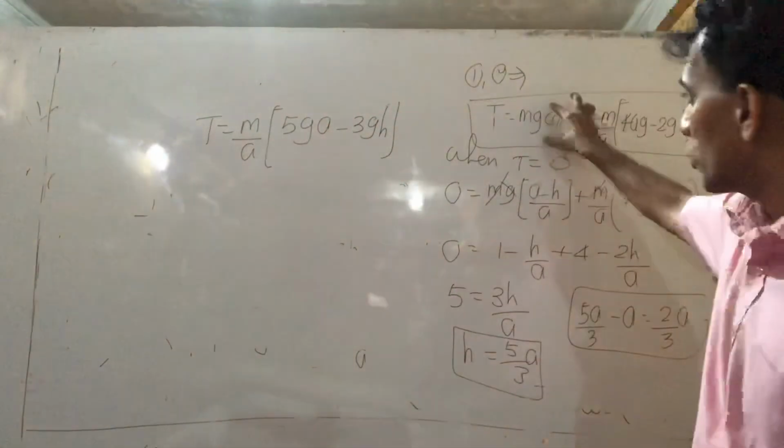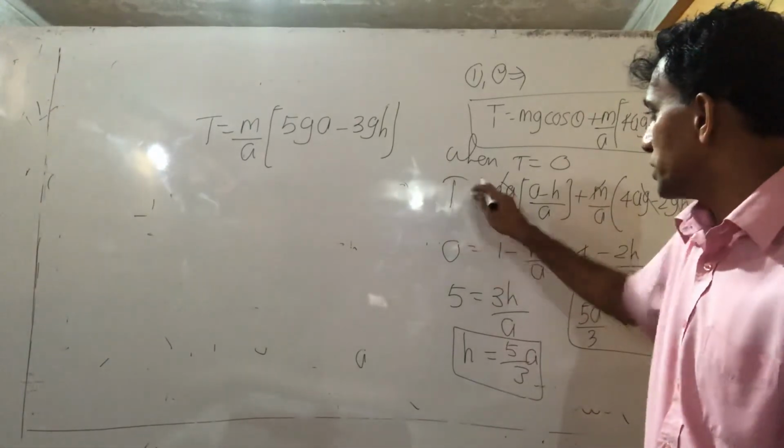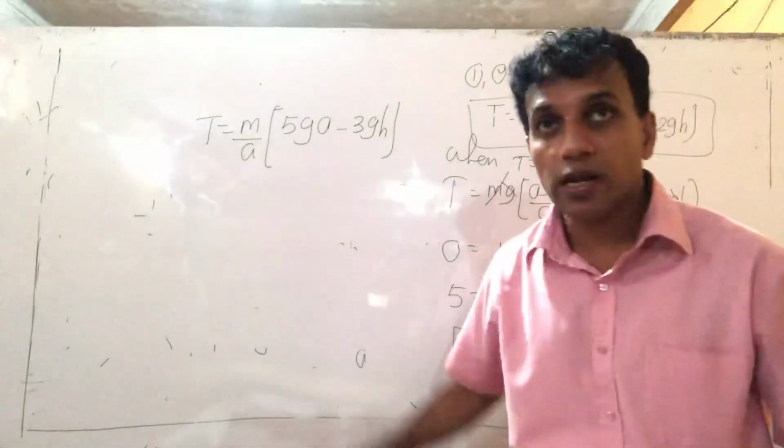We can work this for cos theta. Here is T, and if you simplify, you get this answer, right? Now that's easy.